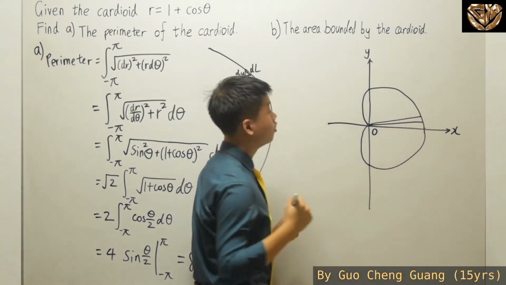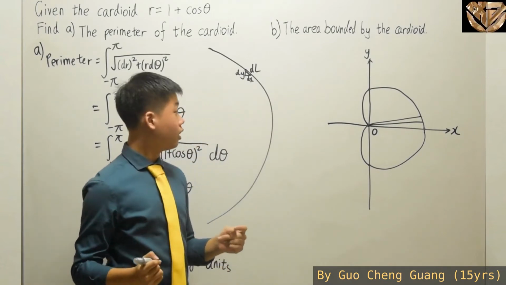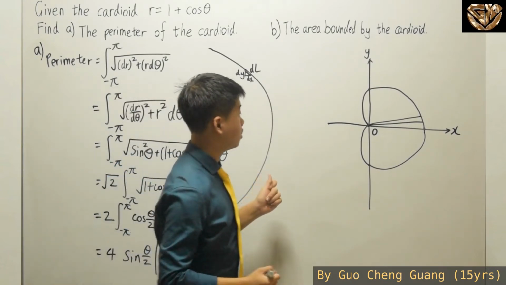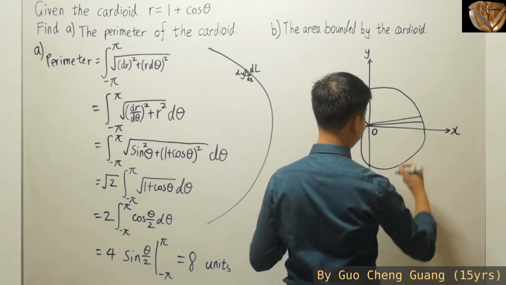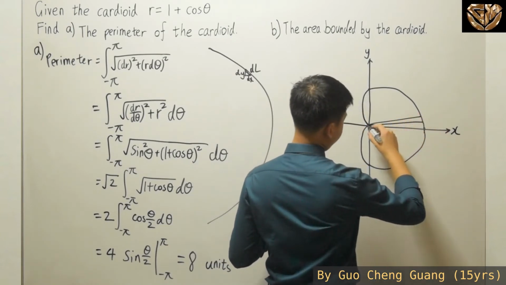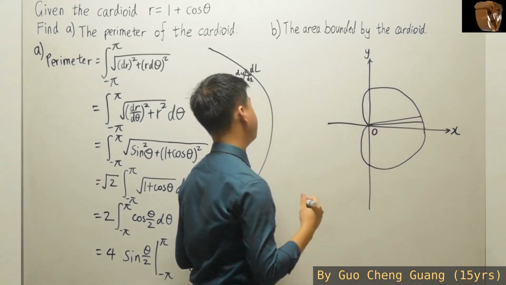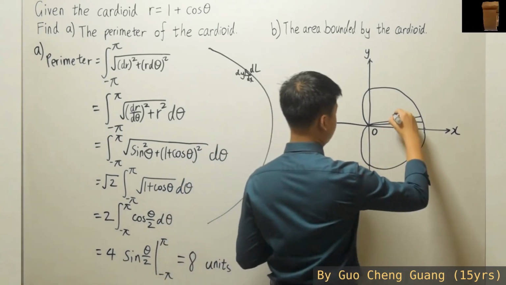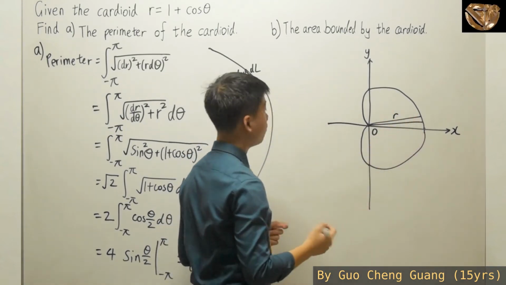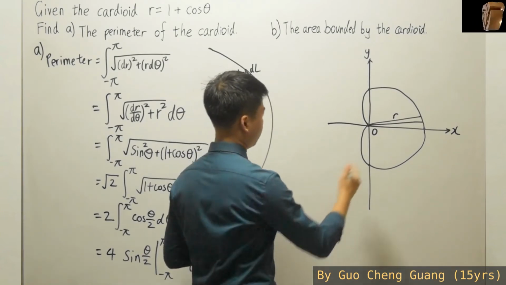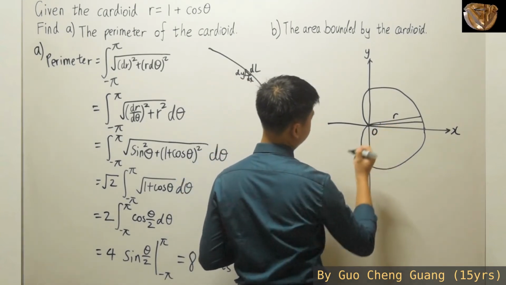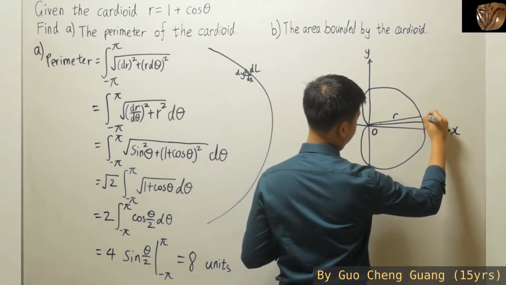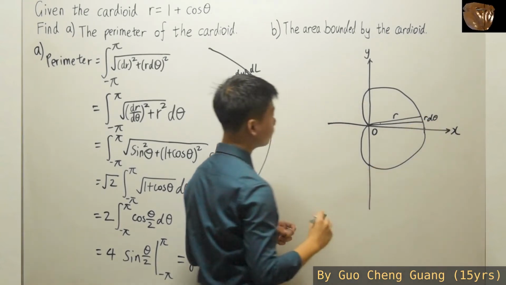What are you going to have? This is a sector, or at least you can think of it as a sector. So here is your r, and of course here is d theta. Now that means this part will be r d theta.